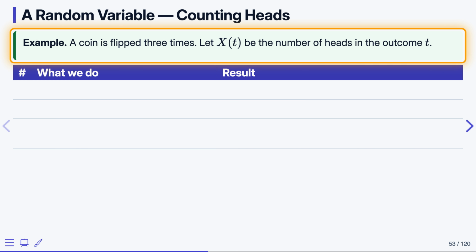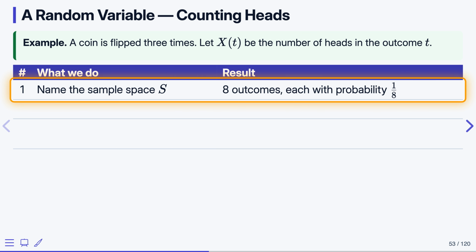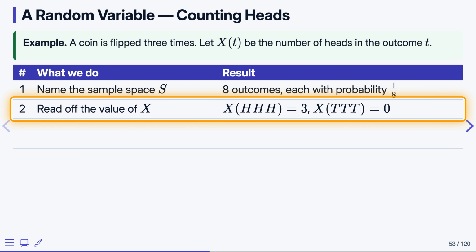A coin is flipped 3 times, and the random variable X counts the heads. Step 1. There are 8 outcomes, and each has probability 1/8. Step 2. If all 3 are heads, X is 3. If all 3 are tails, X is 0. Step 3. 3 outcomes have exactly 2 heads: heads, heads, tails; heads, tails, heads; and tails, heads, heads.